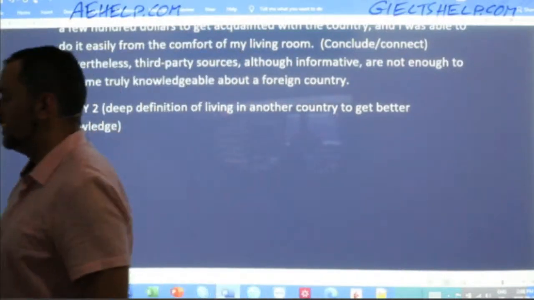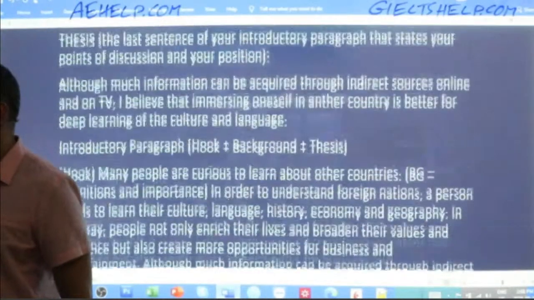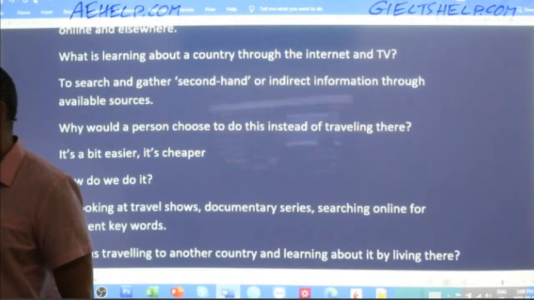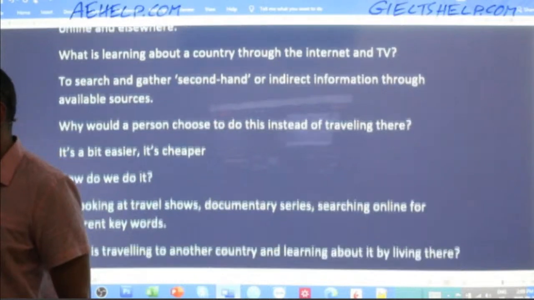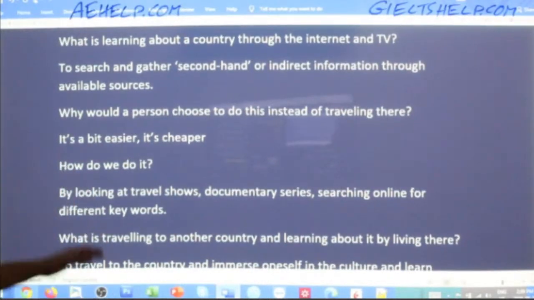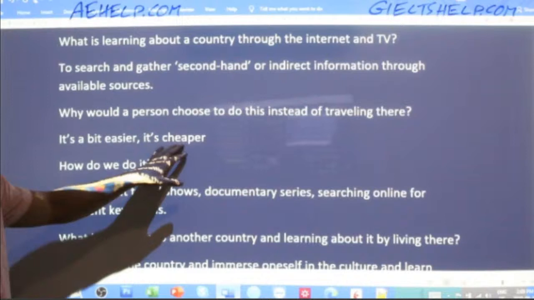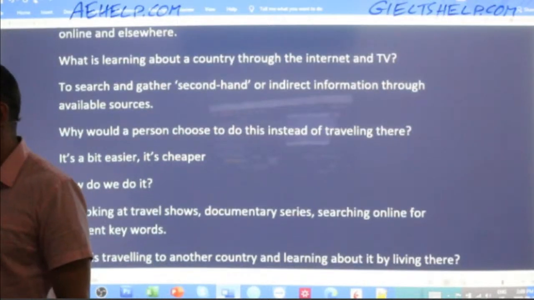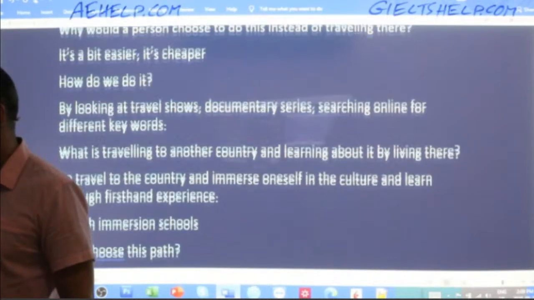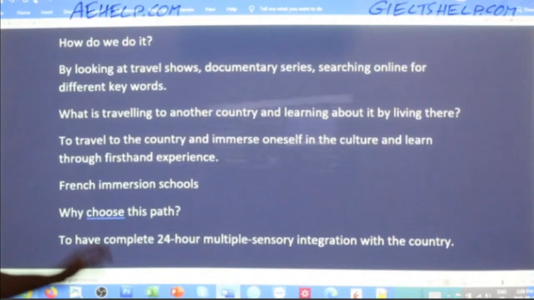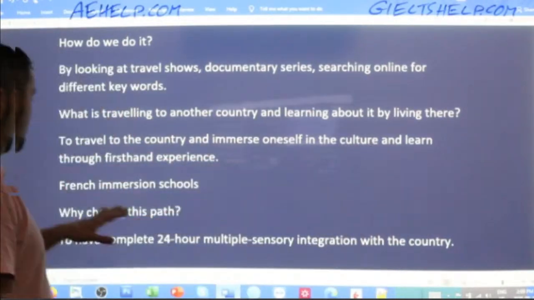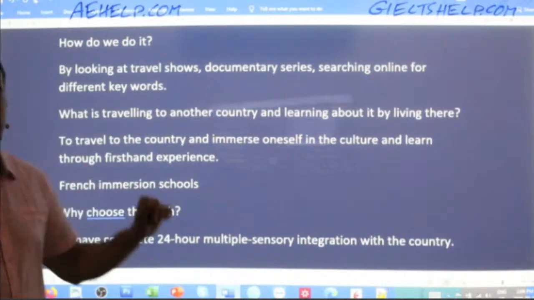All right. Again, here, just a quick tip. Don't forget your planning, right? So some of you incorporated the why into your topic sentence. It's a bit easier, a bit cheaper. Remember these what, why, hows about the controlling ideas as well. So to travel to the other country and immerse oneself in the culture and learn through first-hand experience.